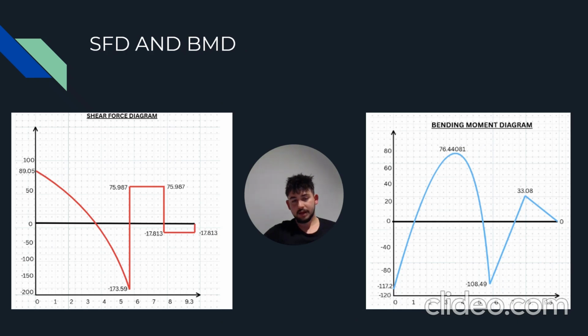After calibrating the 3 different equations, we're able to construct a shear force and bending moment diagram, and it is evident that the maximum positive shear was 89.05 kilonewtons, and the maximum in the negative direction was negative 173.59. Similarly, in the bending moment diagram, the maximum positive bending moment was 76.44 kilonewton meters, and the maximum in the negative direction was negative 117.2 kilonewton meters.